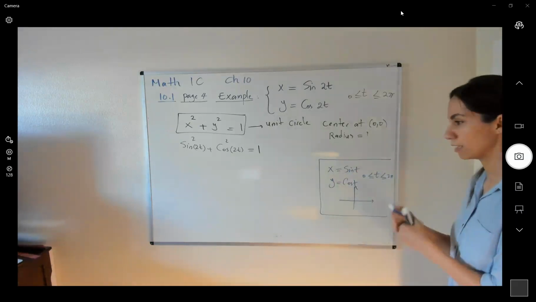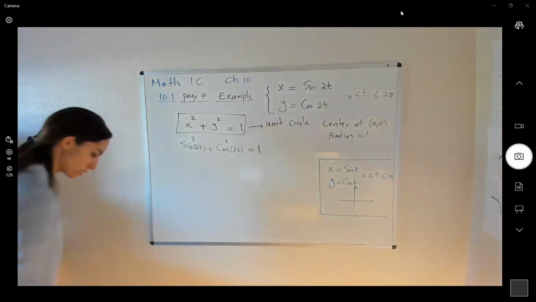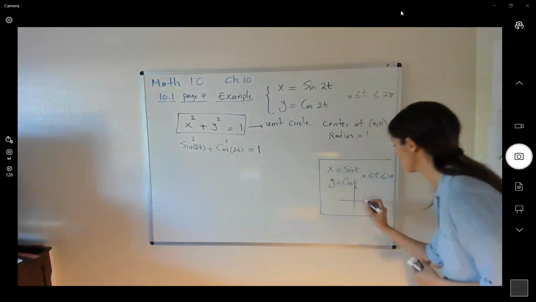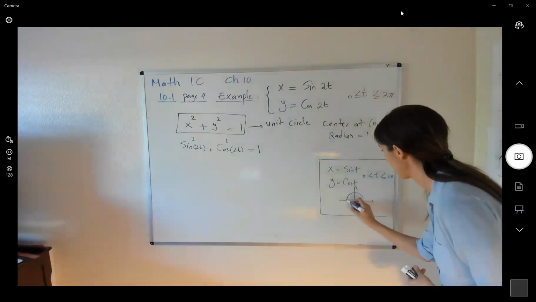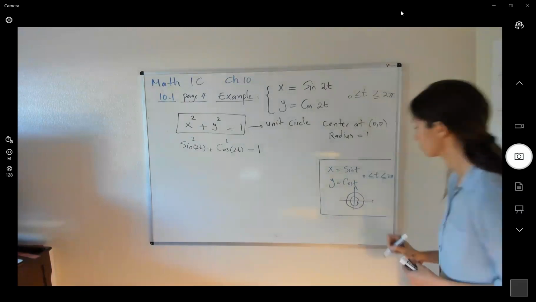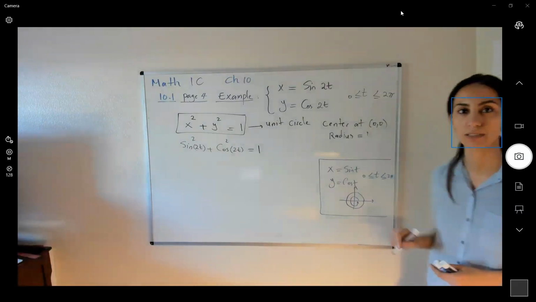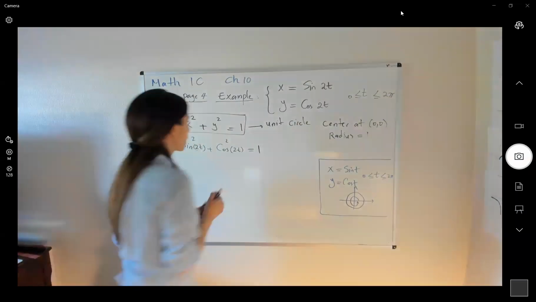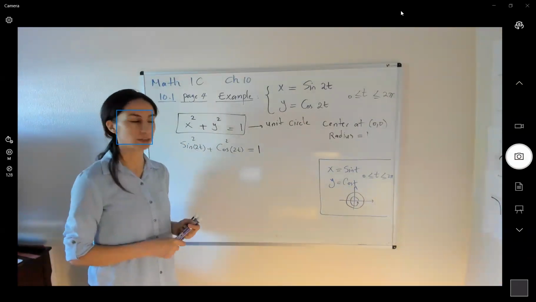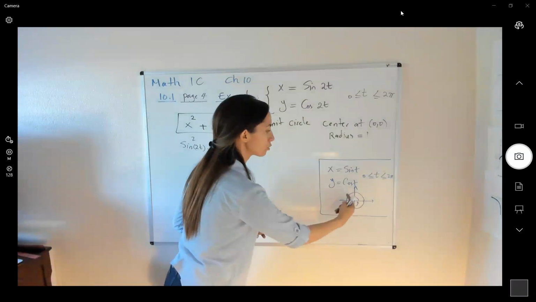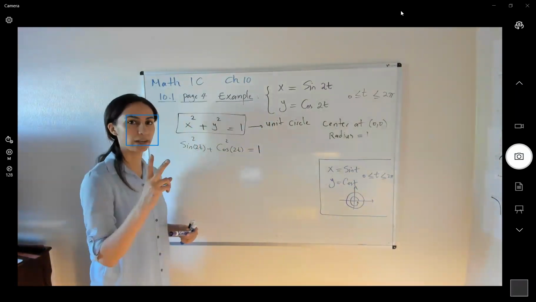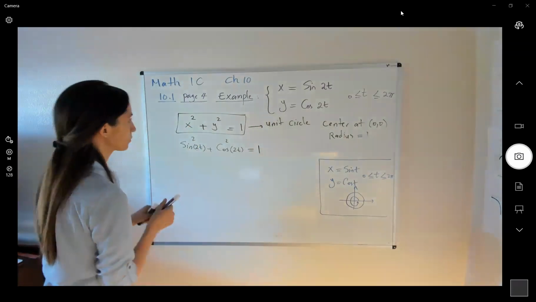You said, okay, I only have one rotation, counterclockwise. What about this unit circle? This is again a unit circle, but the behavior is it's going to be rotating around twice, 2 times.